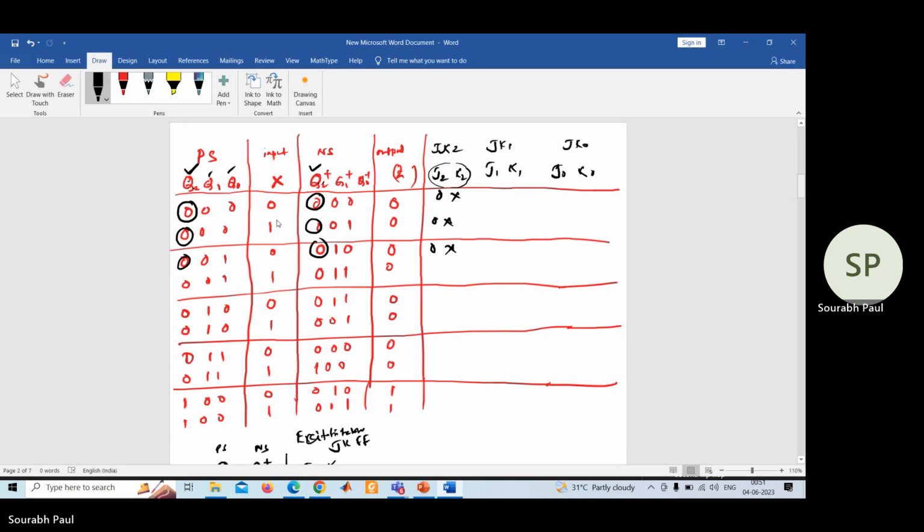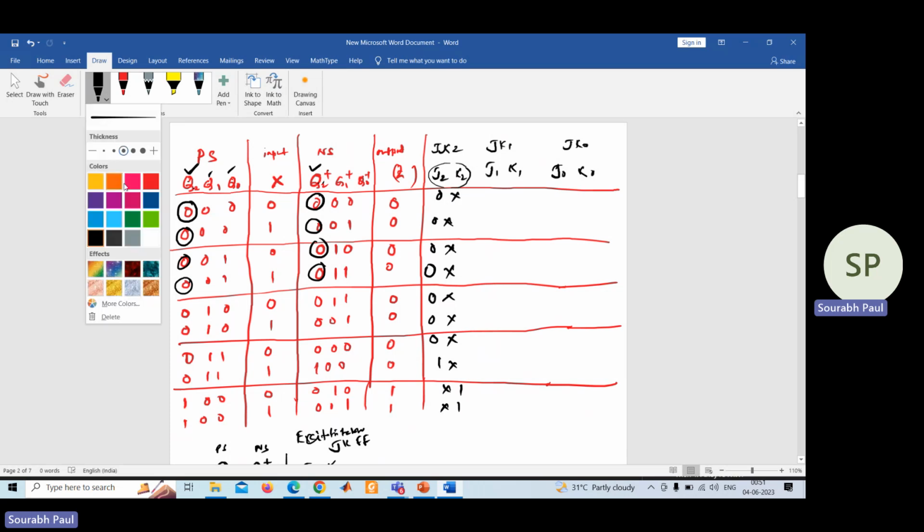Follow the same procedure for each combination. Then it will be 0x, 0x, 0x, 1x, x1, x1.